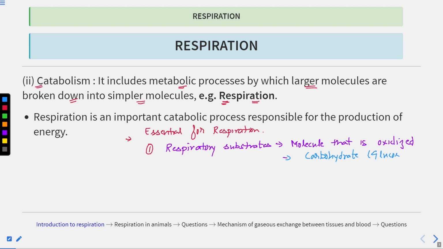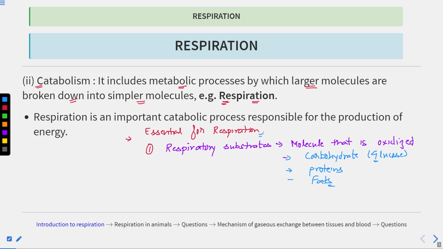Glucose is the most readily available, so that's why glucose is mostly used up during respiration, or it is oxidized during respiration. If glucose is not available, then other respiratory substrates can be proteins or fats.